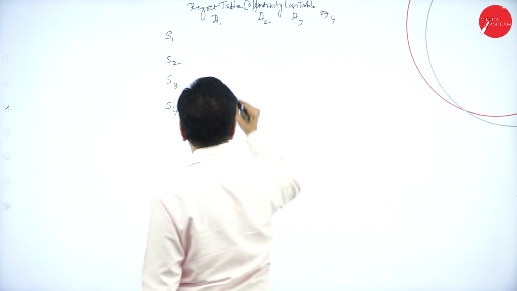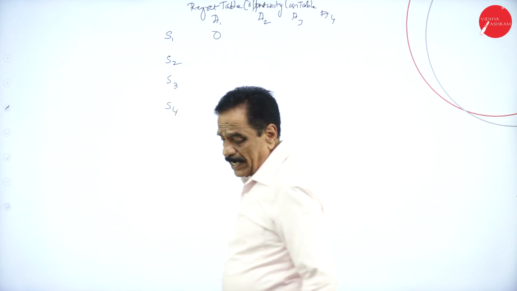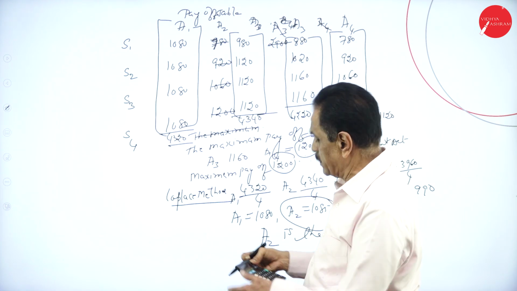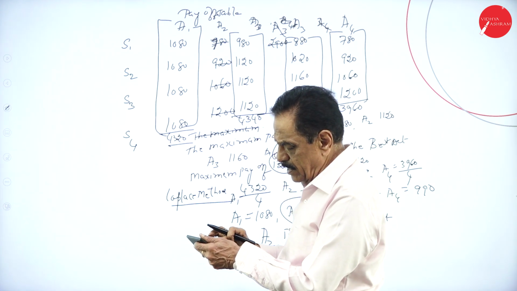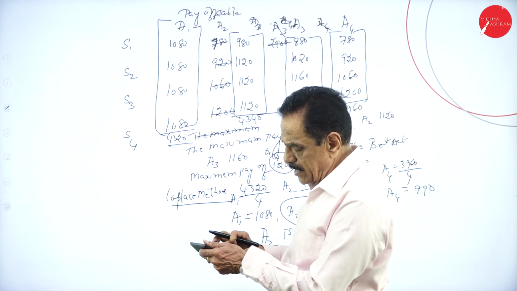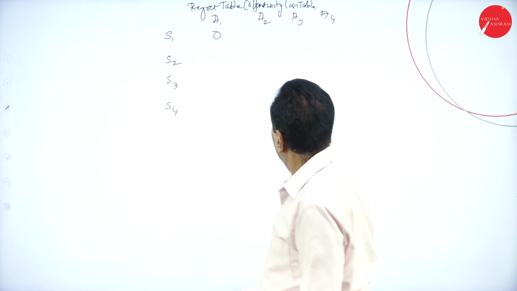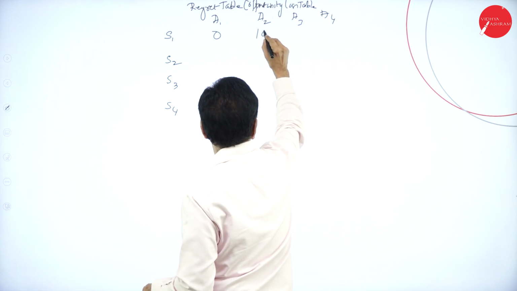1080. Put the 1080 as 0. Deduct: 1080 minus 980, 100.